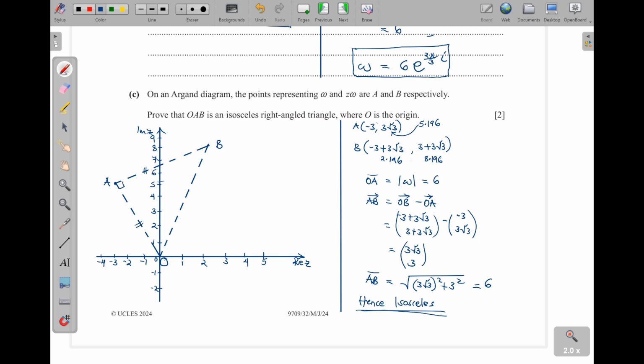This is a right angled triangle. Let's see. AB, we have seen it is 6, plus OA, we have seen it is also 6. So when we square them and add them, then under the square root, do we get the OB? Remember, OB, we saw it was 6 root 2. I showed you on the calculator.